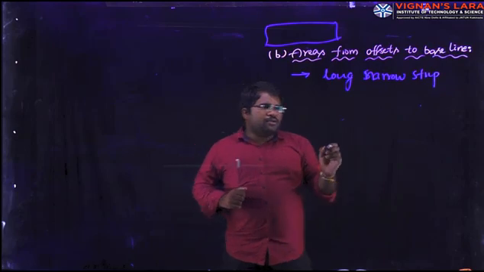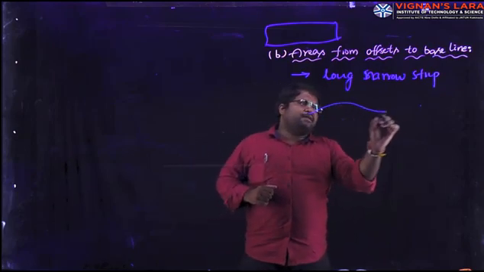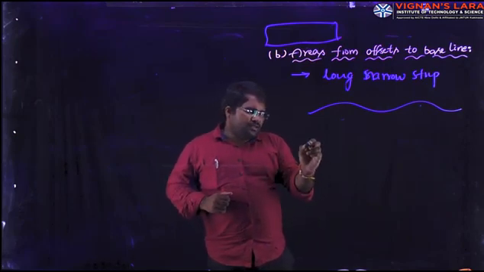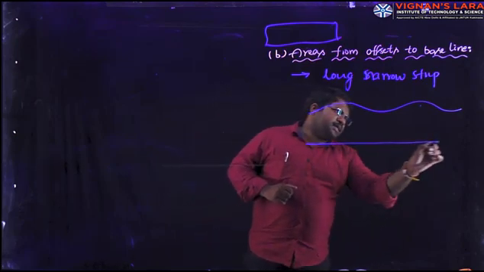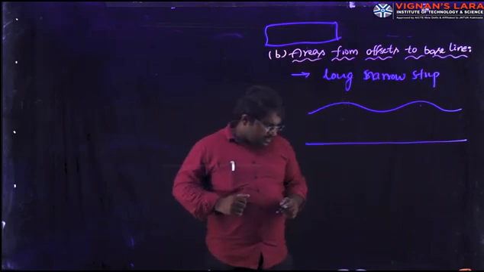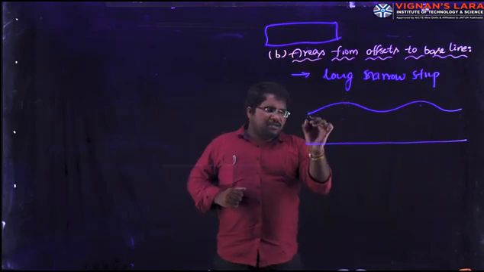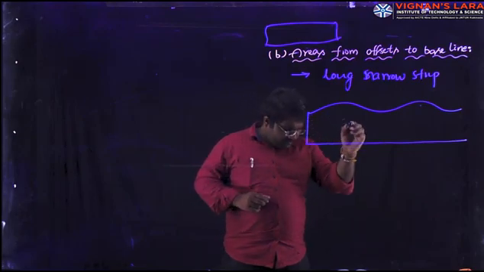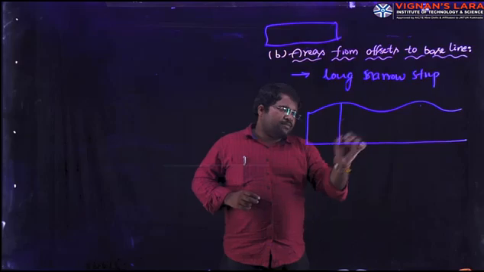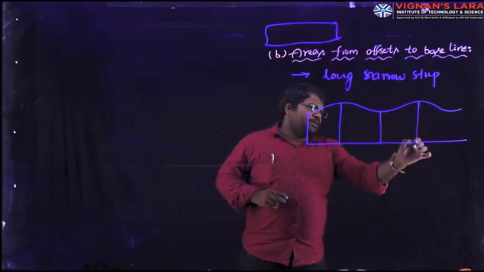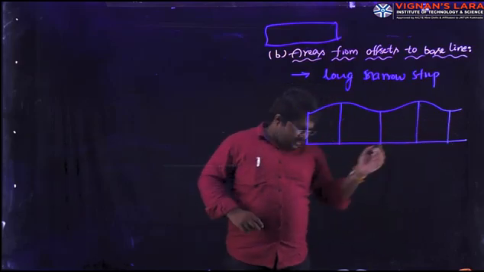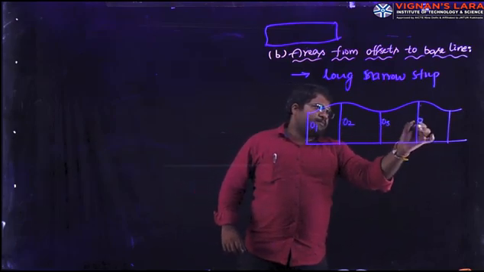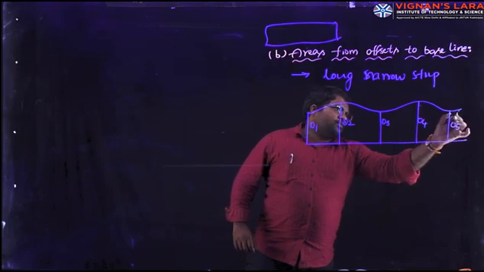If you have a boundary like this, we are going to take a straight baseline. This is called the baseline. From the boundary we are going to get the offsets. This is one offset, another one: O1, O2, O3, O4, O5.